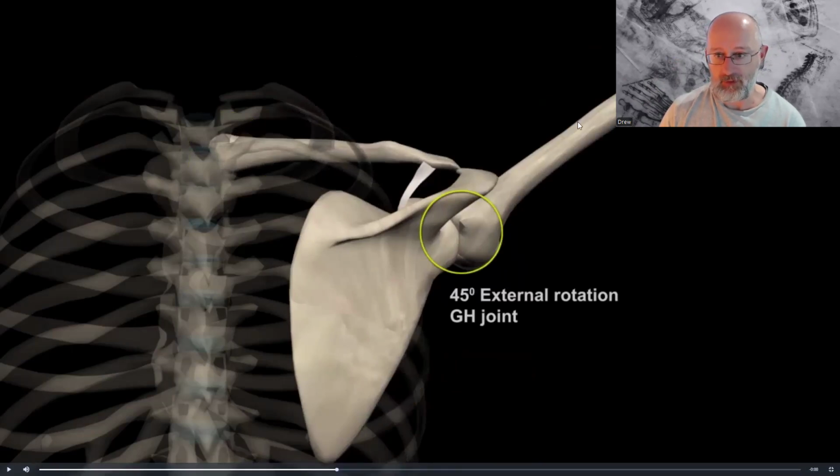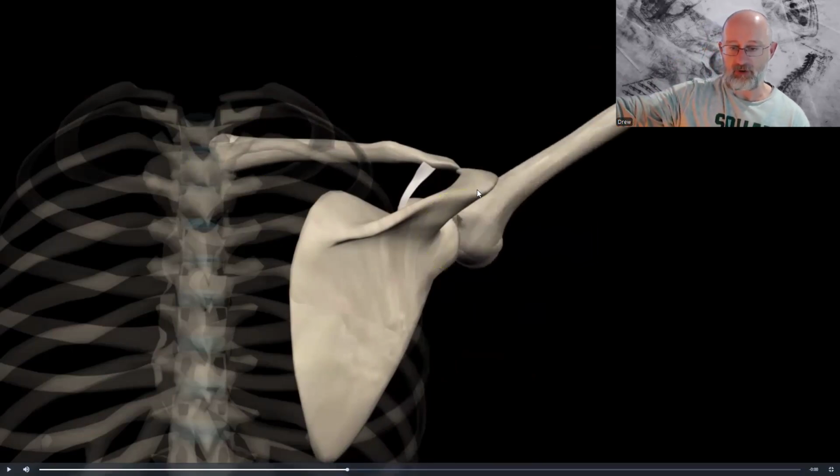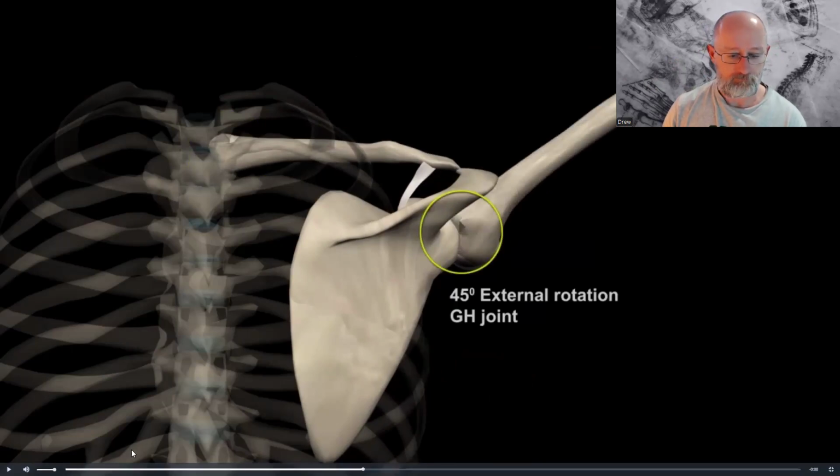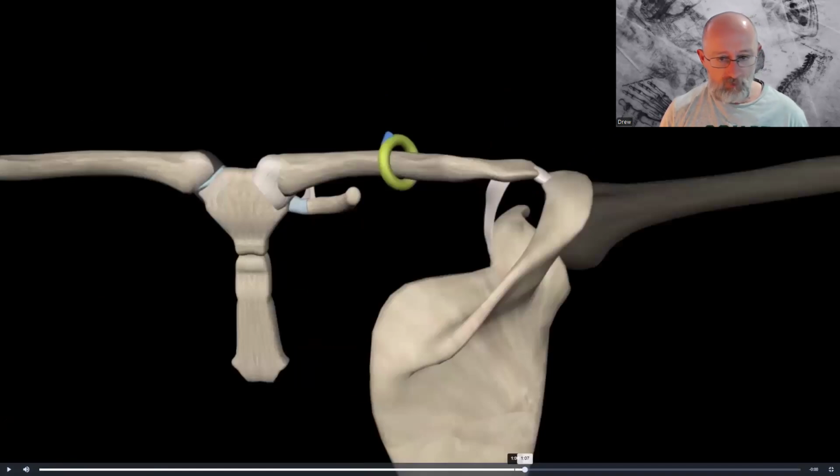If this is 120 degrees here, when you get your arm up to the side, then to get your arm by your ear, there's 180 degrees. So if you go 120 plus 60 degrees from the scapulothoracic, that gives you 180 degrees of movement. So you need to restore that 60 degrees of movement from the scapulothoracic.